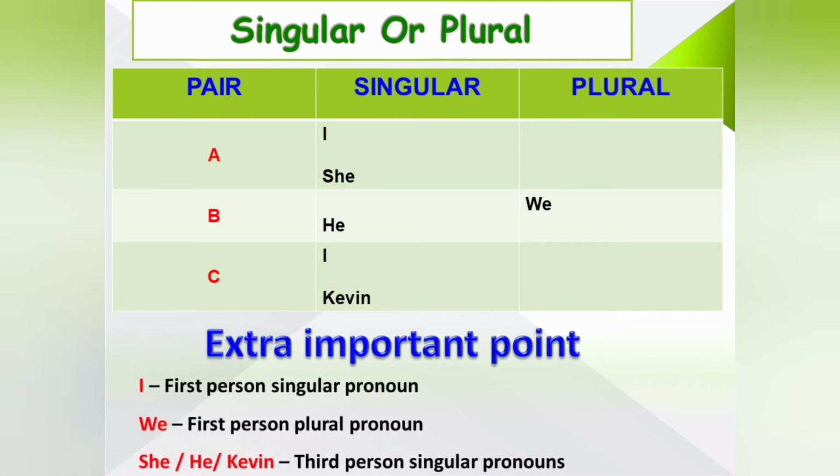But I comes under the first person pronoun category while he, she, Kevin, it, or one object come under the category of third person singular pronouns. So I think now you got at least a small clear idea about why I takes a different verb form.